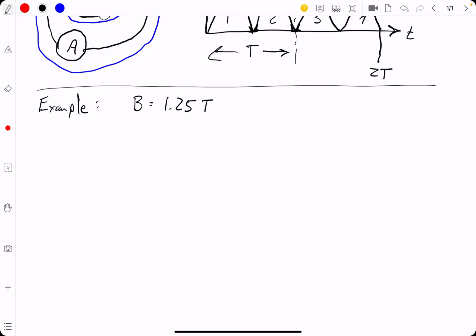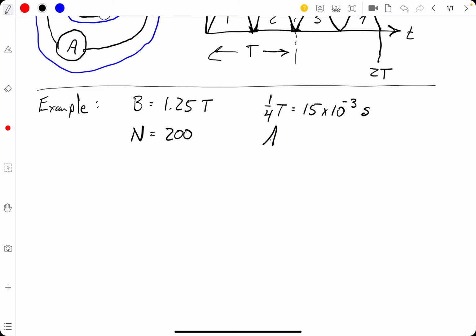A quarter of our period is equal to 15 times 10 to the minus 3 seconds. We've got an N, so the number of loops is 200.